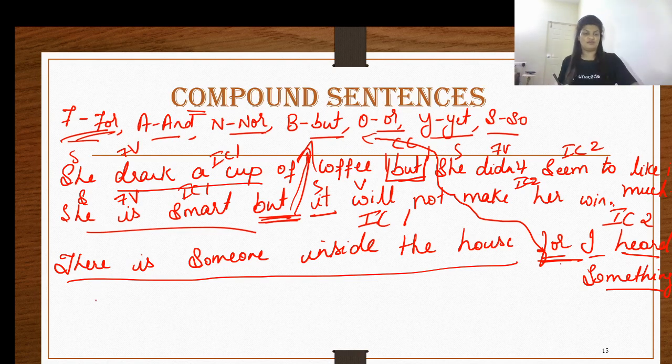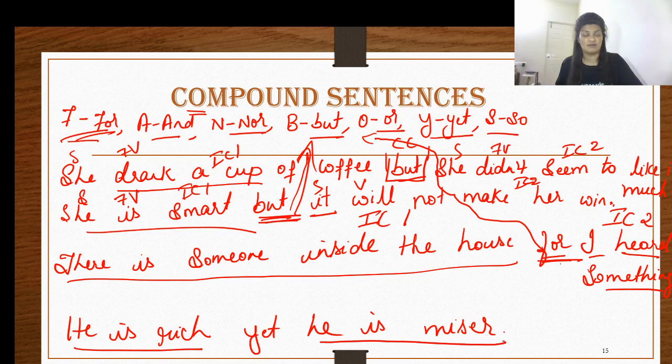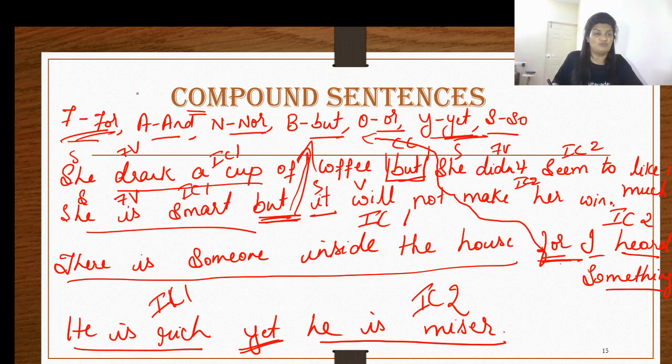Let me give you another example: he is rich, yet he is a miser. Here, independent clause number 1 and independent clause number 2, and the conjunction yet makes this statement a compound sentence.